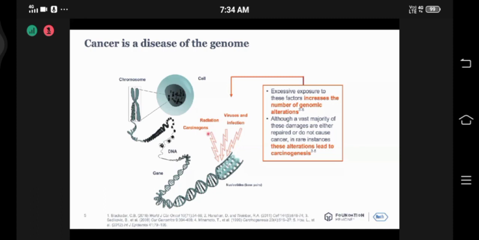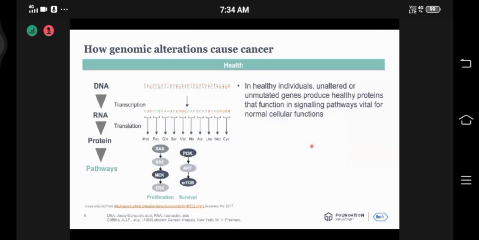Carcinogens like radiation, viruses, and infections can be exposed to in our environment, and these can cause a lot of alterations that are responsible for carcinogenesis. So cancer, in short, is a disease of the genome. What are the methodologies that we have to identify these alterations is what all of us need to know.